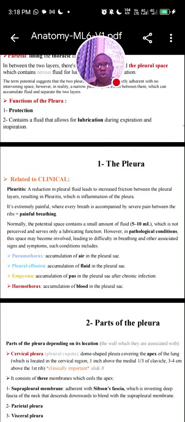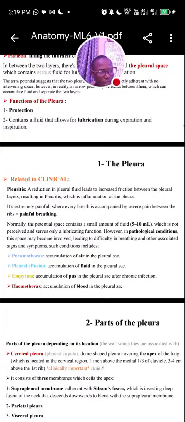So now we are looking at the pleura. The first one we said is pleuritis. The second one is pneumothorax. Remember, when we talked about the diaphragm, we said it can collect air, and we made mention of pneumothorax. So let's put it this way: pleuritis, then hemothorax.